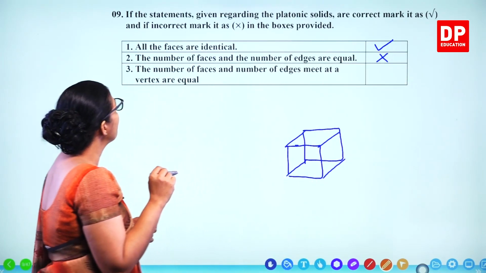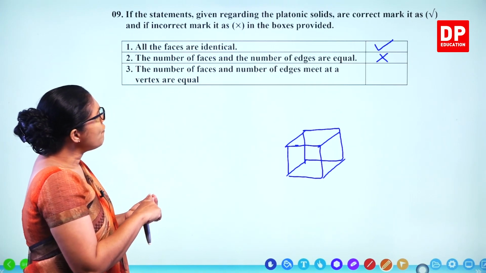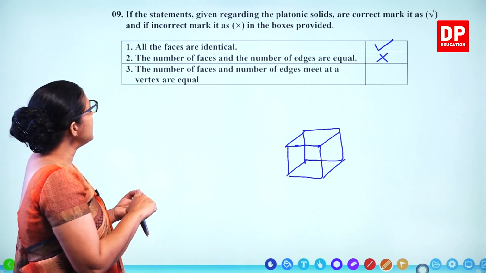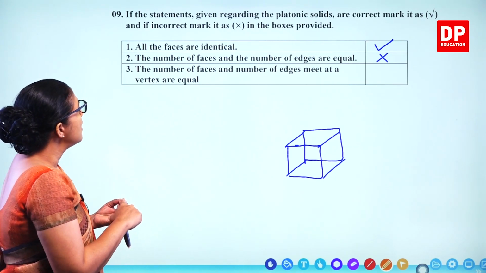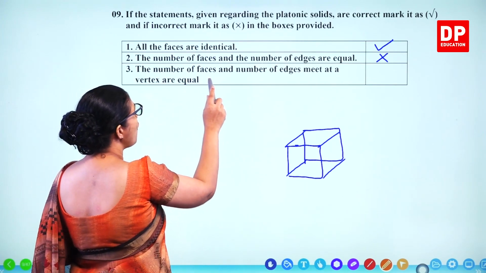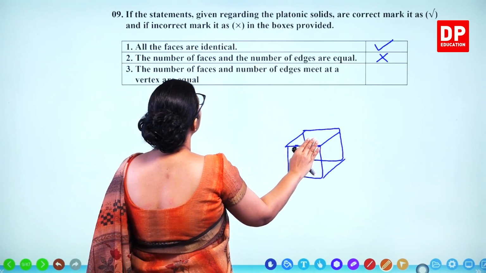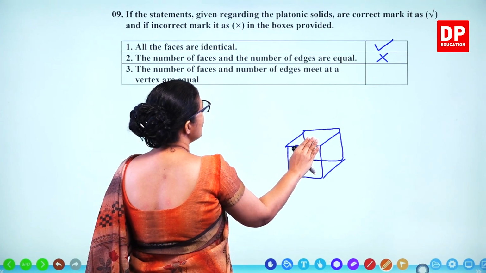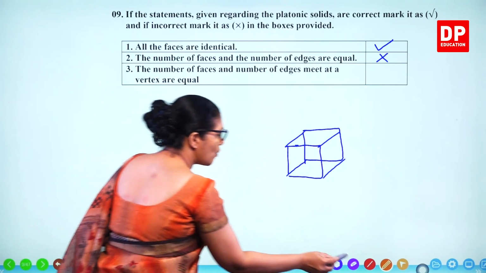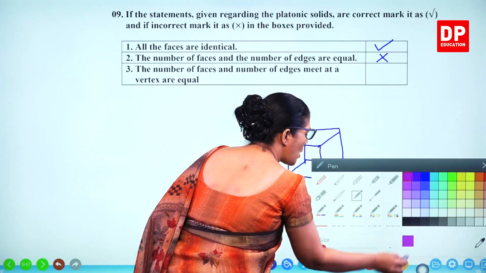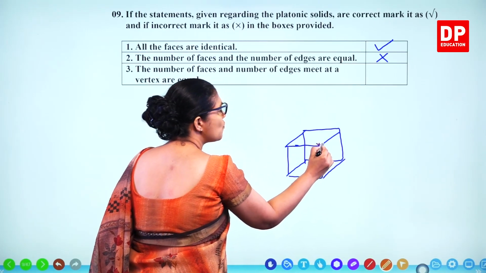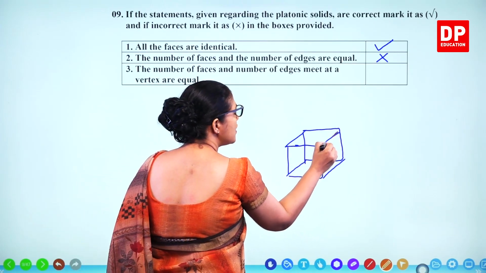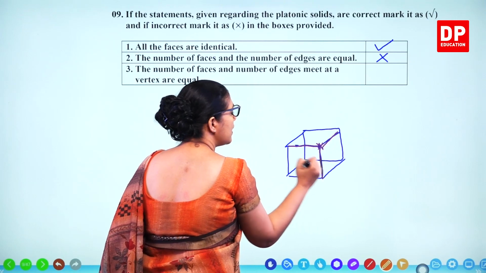That's wrong. The number of faces and number of edges meet at a vertex are equal. Just take this vertex point. How many edges? 1, 2, 3.